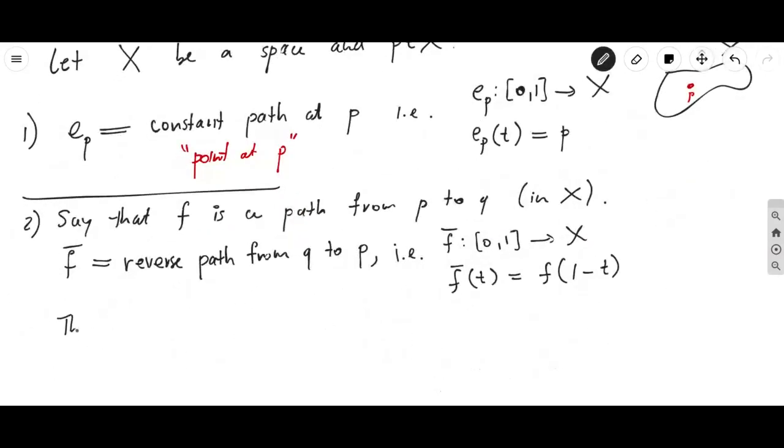So F reverse evaluated at 0 is F evaluated at 1, which is Q. And F reverse evaluated at 1 is F of 0, which is P.